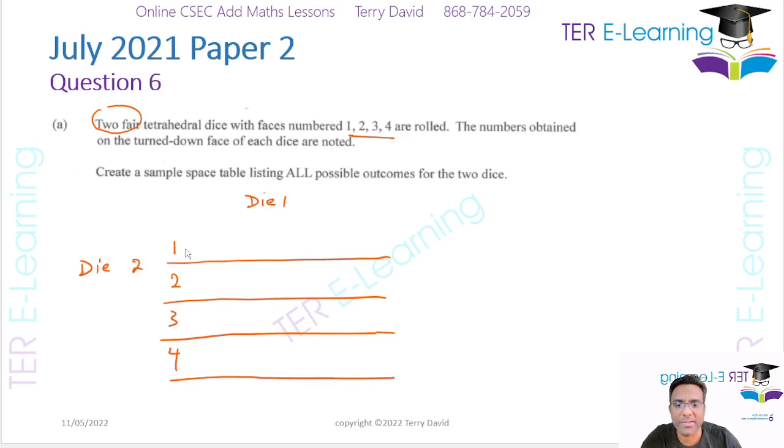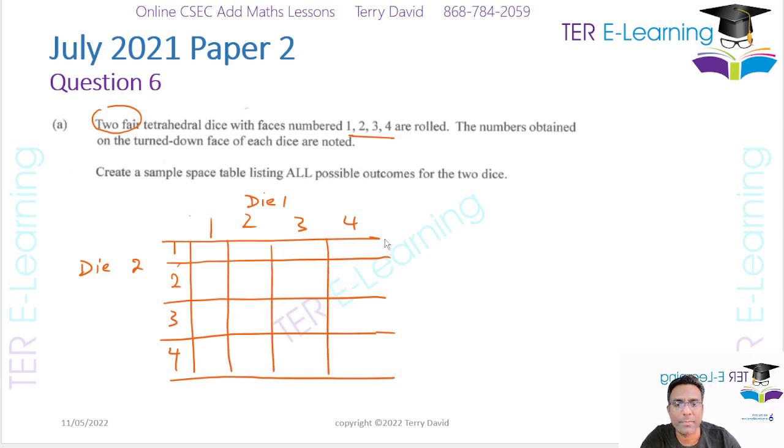In the case of die 1, we also have the possibilities of getting a 1, a 2, a 3, and a 4. So therefore, let me just draw. I'm trying to draw the sample space now.